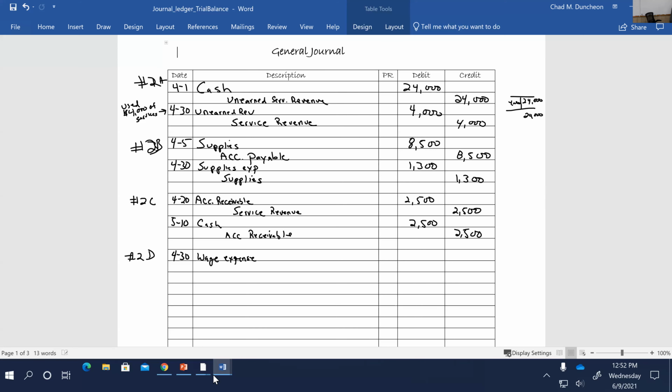Here, I know we're going to have a wage expense because there was some work done in April that we need to pay for. Although we do not know that amount yet, because it says we paid wages of 3,400. So the cash that went out was $3,400. We're going to assume that since the cash went out, they had earned that.